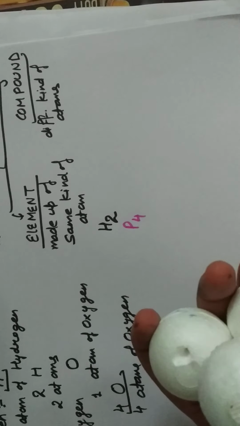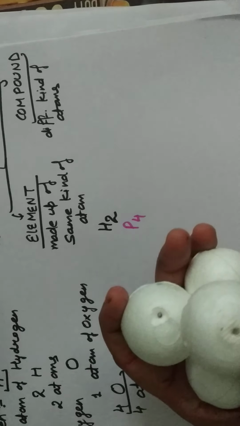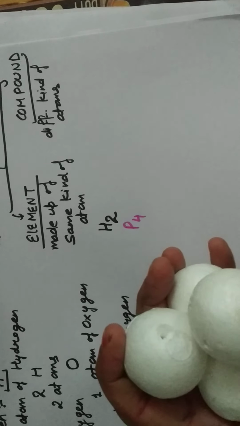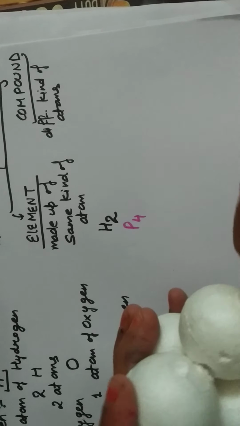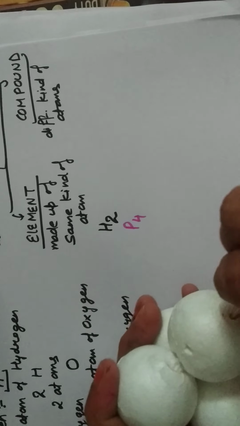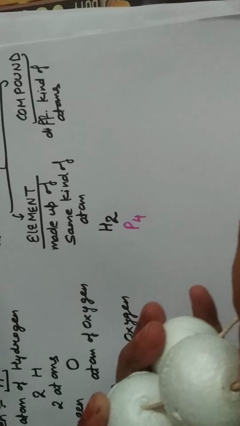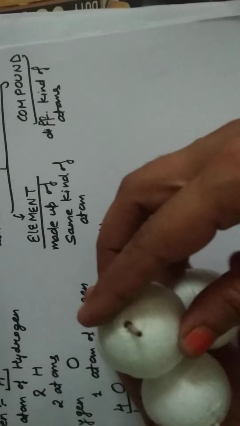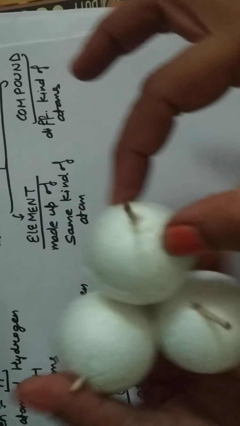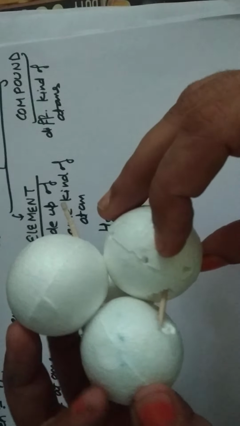So this will represent one P4 molecule in which four phosphorus atoms are joined.